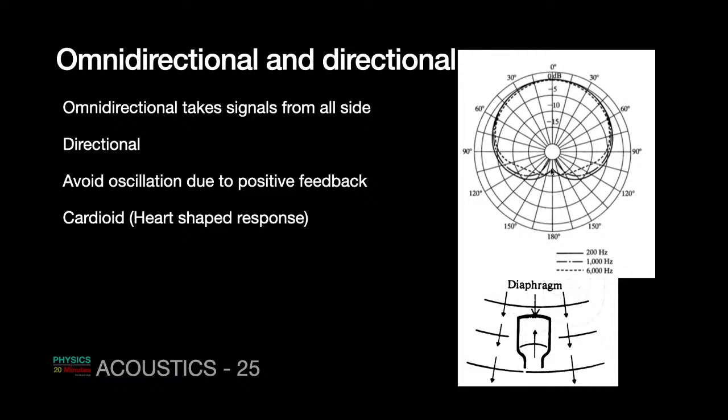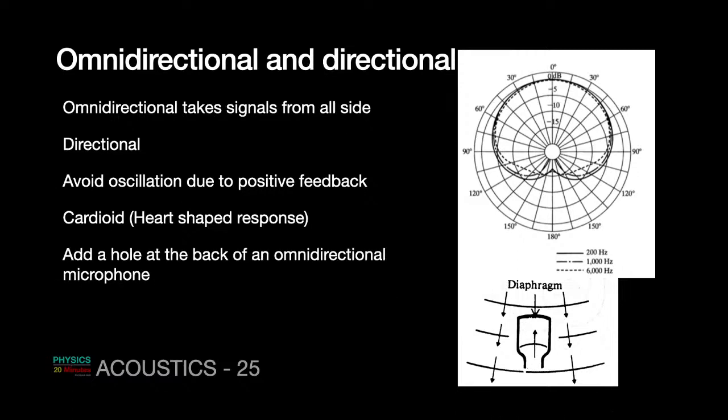So you can see it drops. Typically this is a heart shaped pattern, and that is why the directional microphones are also called cardioid microphones. So please take a note of that. Typically in an omnidirectional microphone you create a hole at the back and you convert it into a directional microphone.